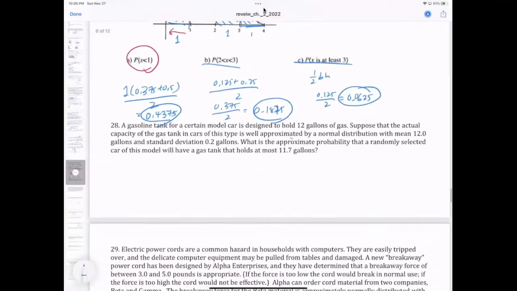Okay, and moving on to the next one, we have 28. A gasoline tank holds 12 gallons of gas, with a mean and standard deviation of 12 and 0.2. What is the approximate probability that it holds at most 11.7?